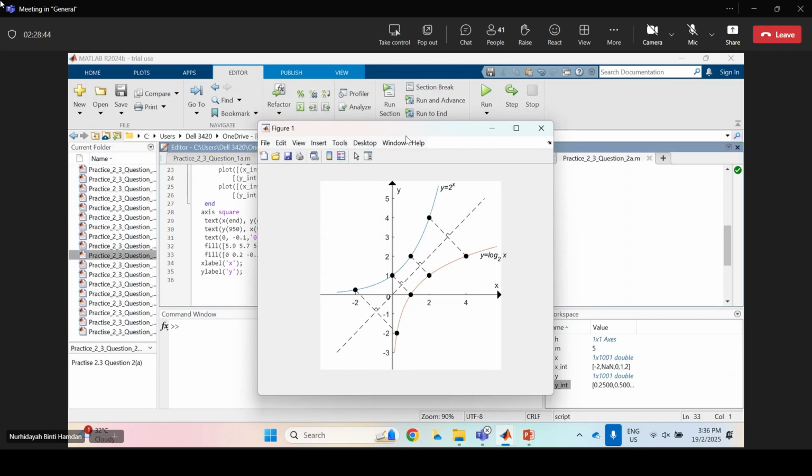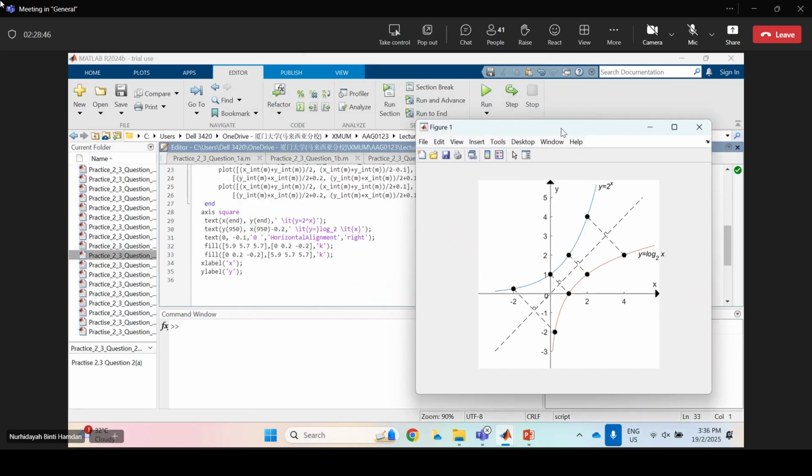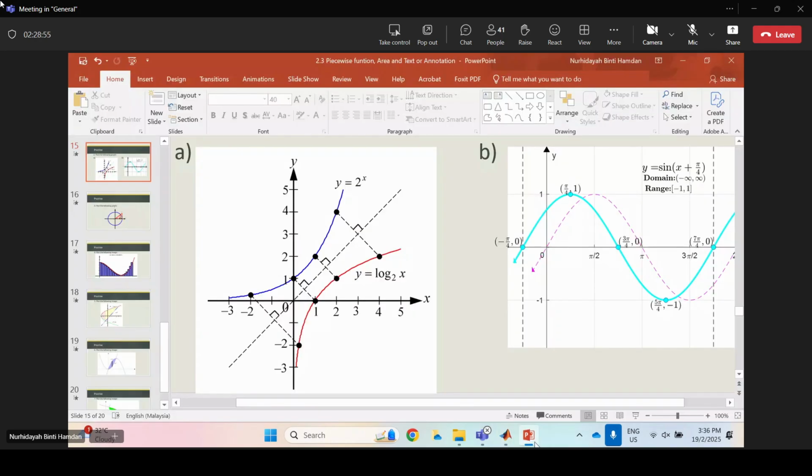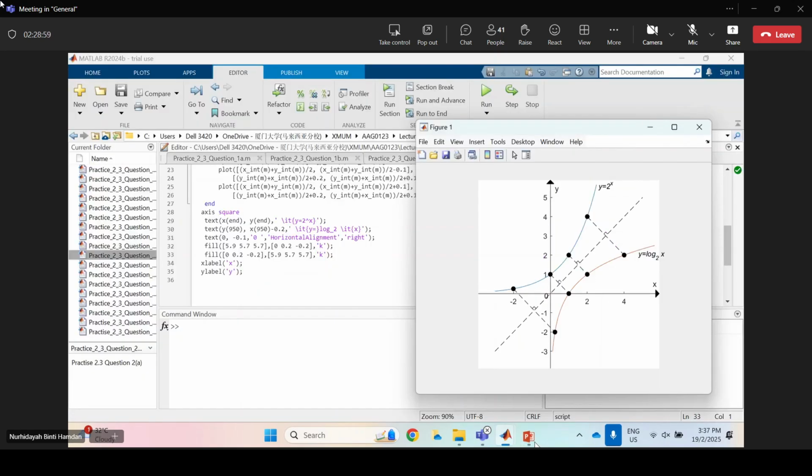Finish. Of course this one is in Arial font, but in my PowerPoint it is in Times New Roman, not LaTeX. You can specify this text in Times New Roman. This one also in Times New Roman. Y label also in Times New Roman.